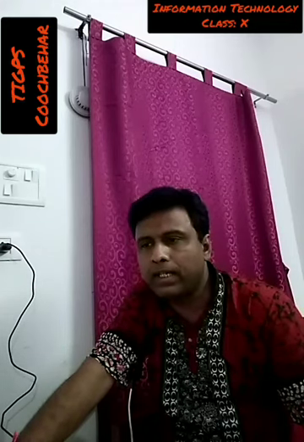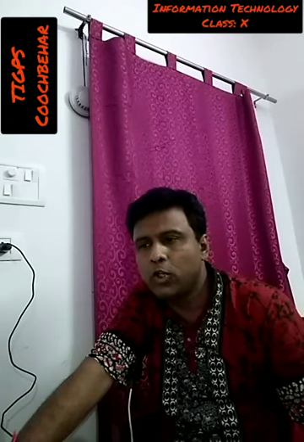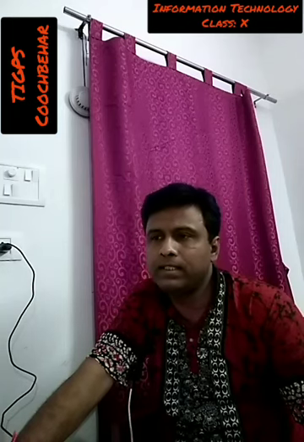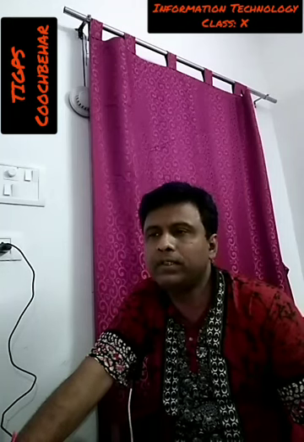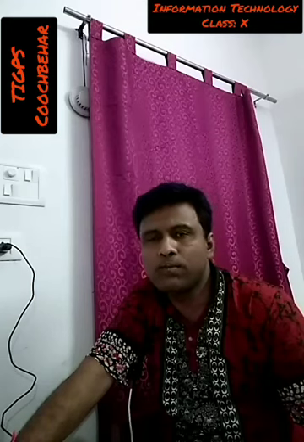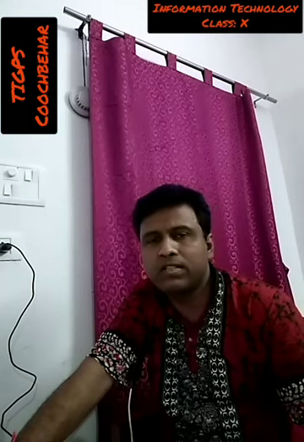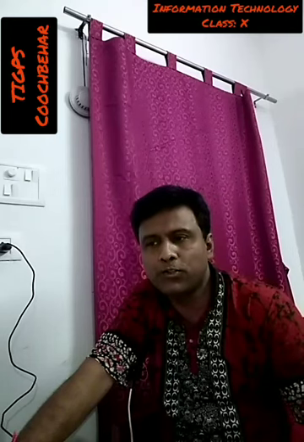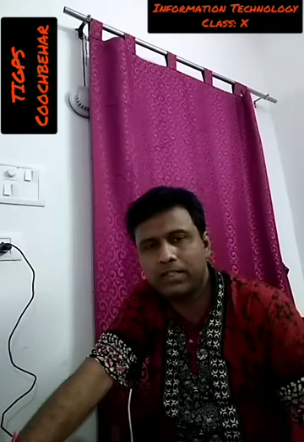Now if you click on make the keyboard easier to use, you can see the options, like turn on mouse keys, turn on sticky keys, turn on toggle keys, turn on filter keys. All of those come here.